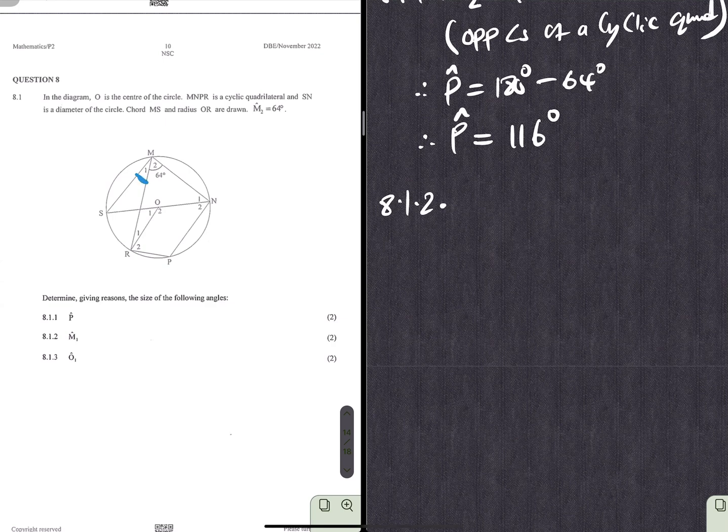If we check, M1 and M2 together make a right angle, so I'm going to say that angle M1 plus angle M2 equals 90 degrees. And I must give a reason for this. You can say these are angles subtended by a diameter, or angle in a semicircle.